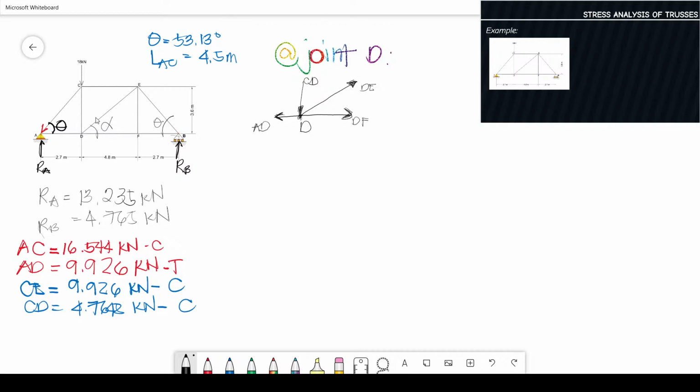So the angle alpha, again, we do 3.6 over 4.8. That gives alpha equal to 36.87.